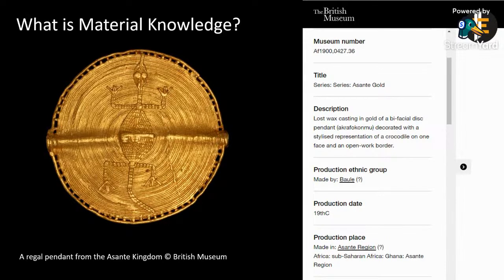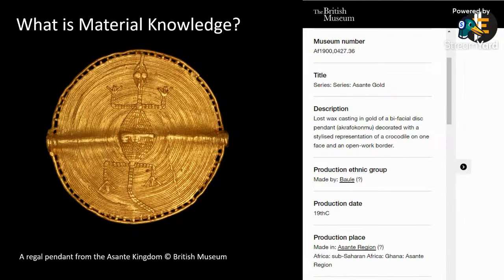And we can see information about the object on the right side, which is regarding the title, production date, and also some description of the production of the object, of how the object was made. However, just by reading this description, it's a bit difficult to grasp all the knowledge that is required to produce an object like this.